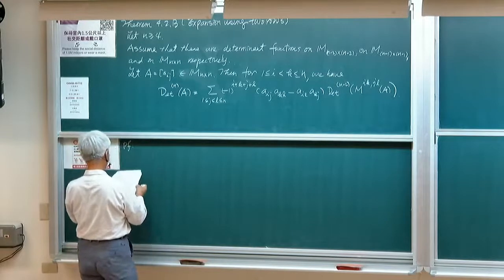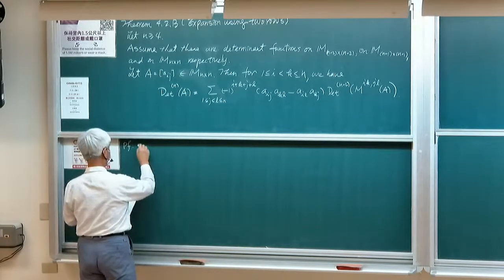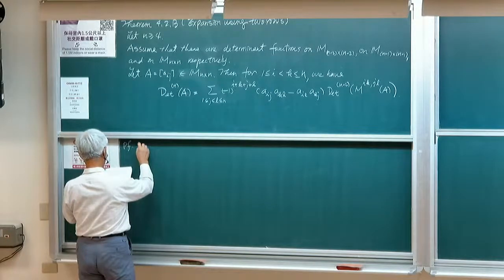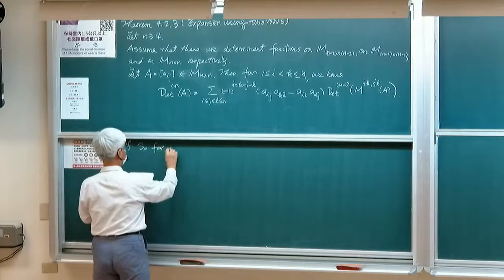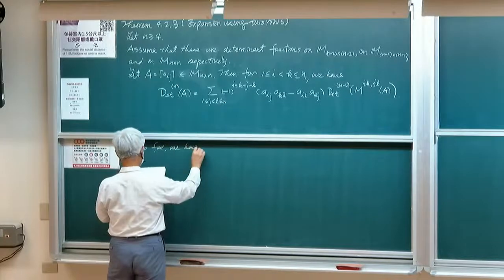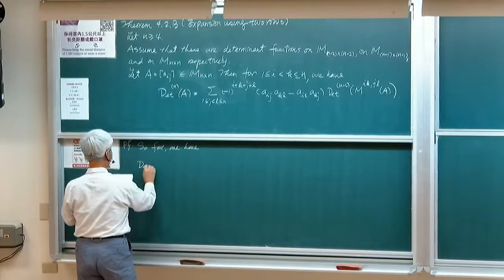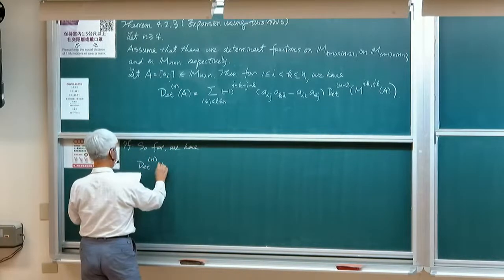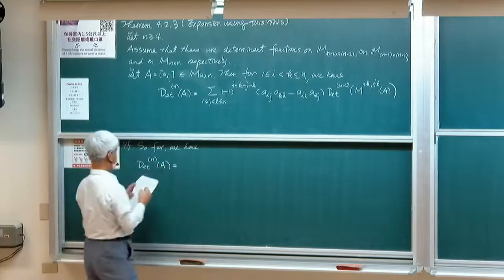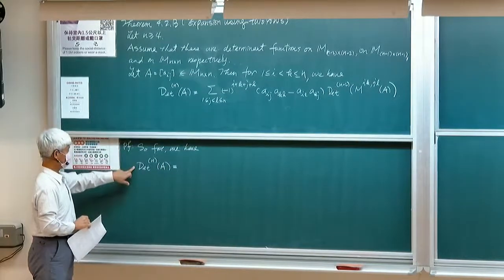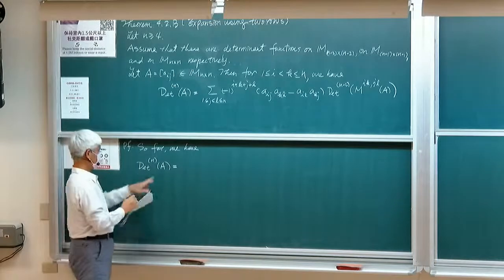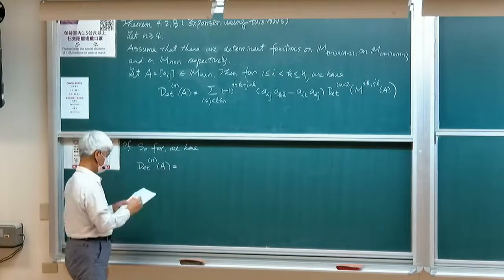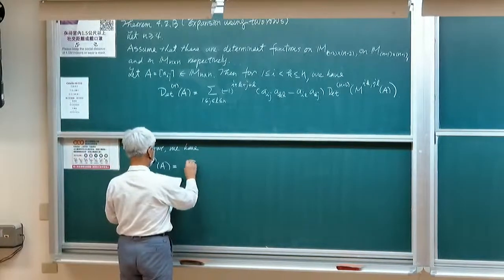So so far we have, okay, so we are able to reduce the computation of the determinant of the n by n matrix A into the following sum.